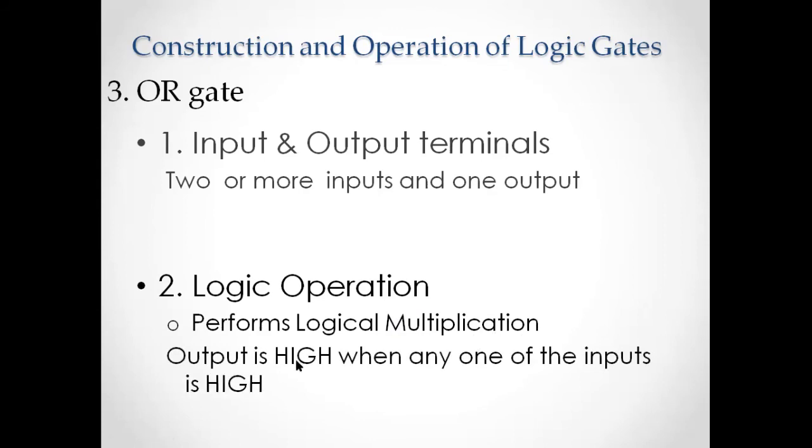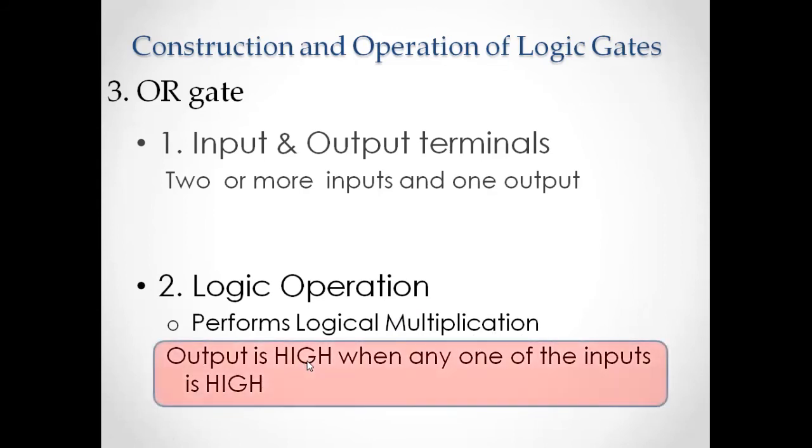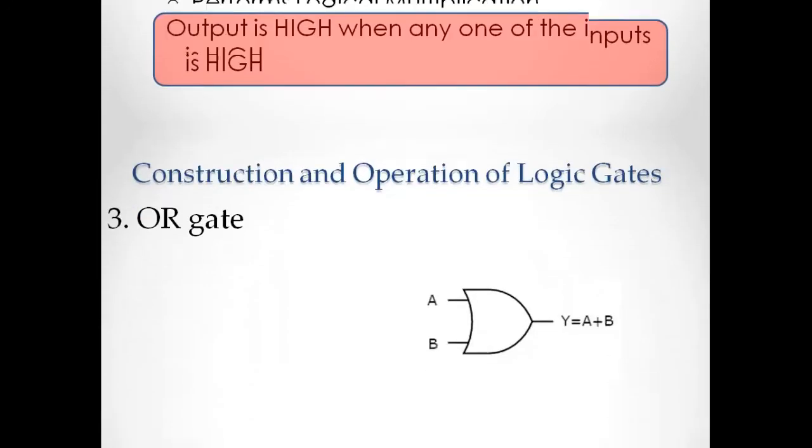And the logic is: the output is high when any one of the inputs is high. When A is high or B is high, or when A and B are high, the output is high. The output is low only when all the inputs are low. That is the logic behind the OR gate.